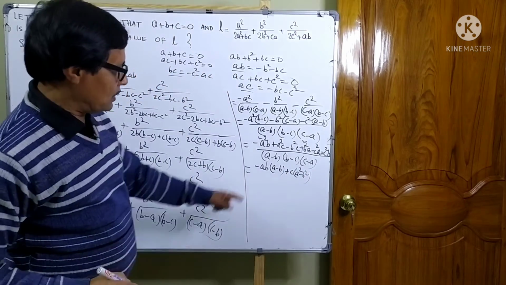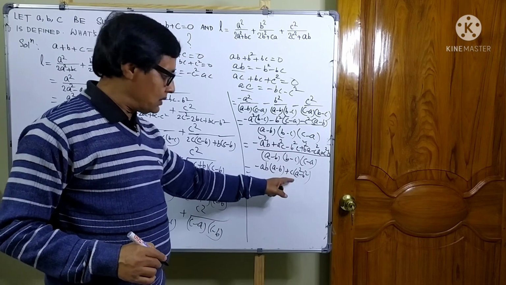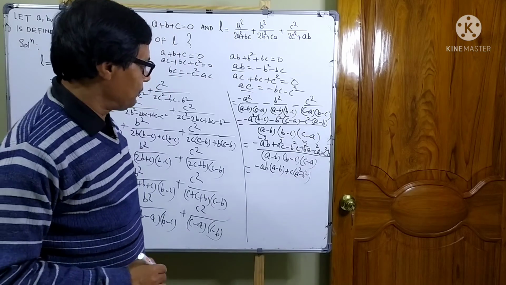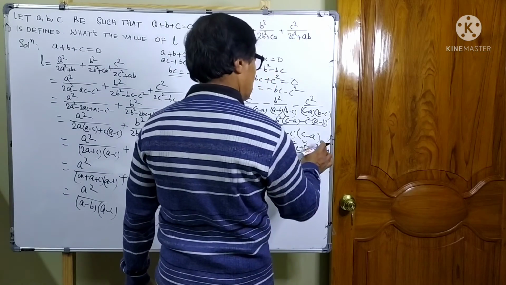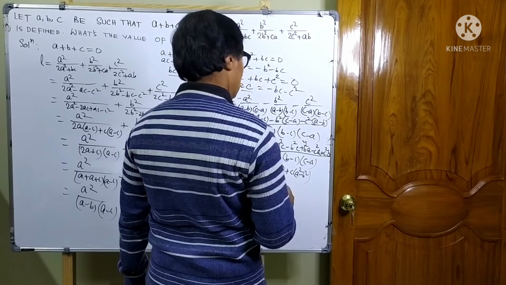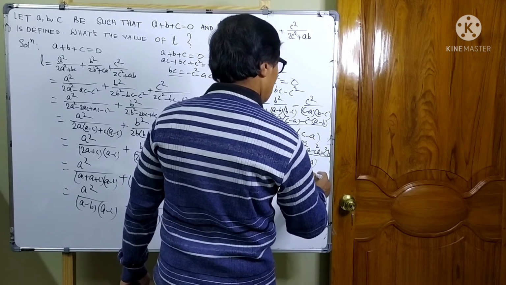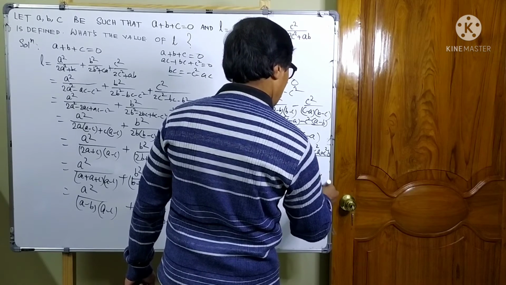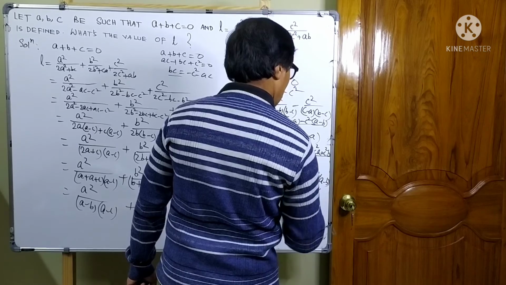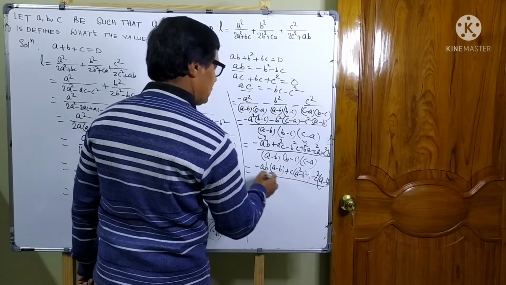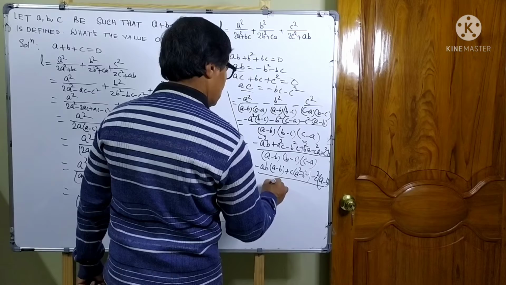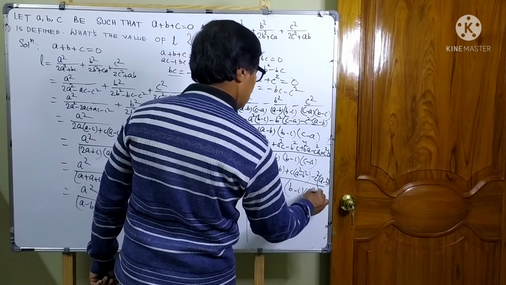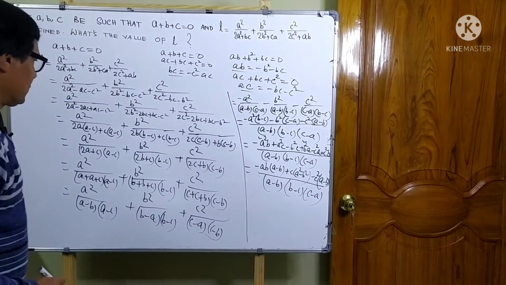From the last two terms we can write minus c square multiplied by a minus b. The denominator is a minus b, b minus c, c minus a.